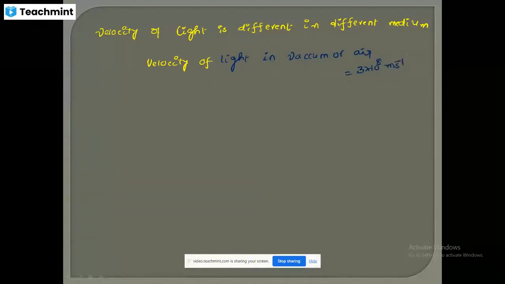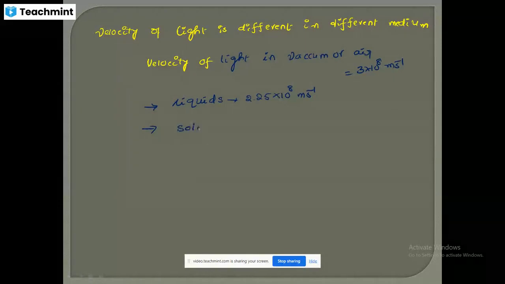So the velocity of light is maximum in the air medium. In liquids, it is 2.25 into 10 power 8 meters per second.